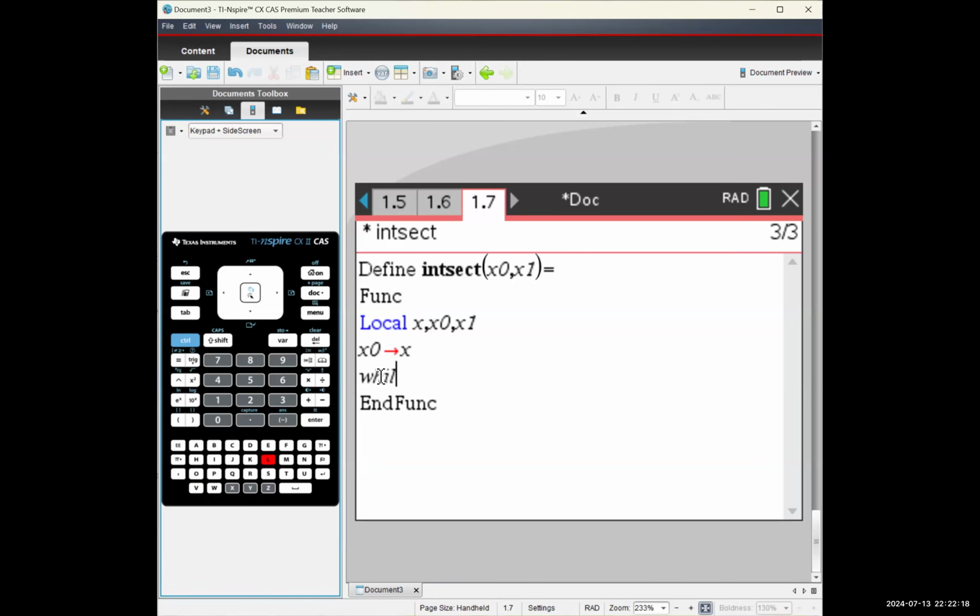And I put a while loop here: x is less than x1. If minus 0.01 is less than cosine of x minus x, which is less than 0.01, display x.